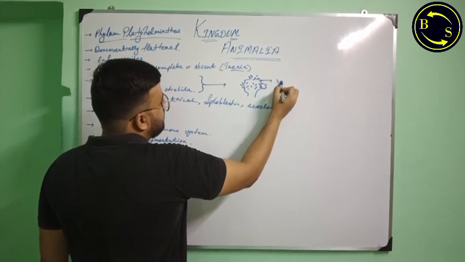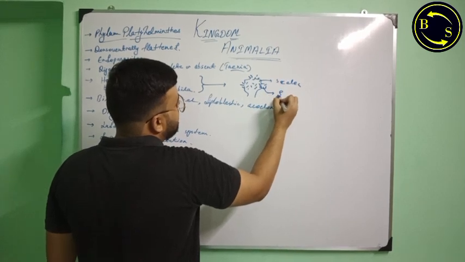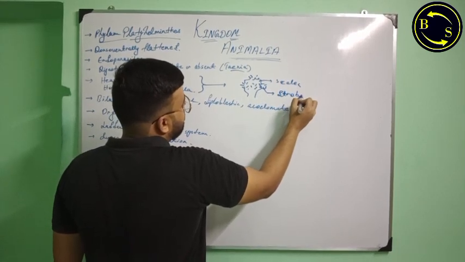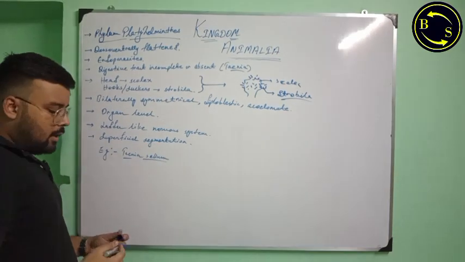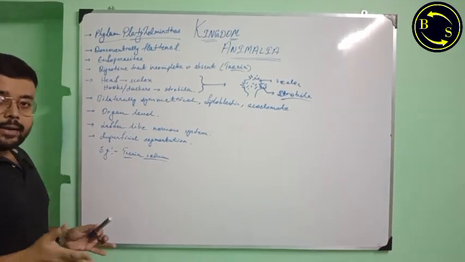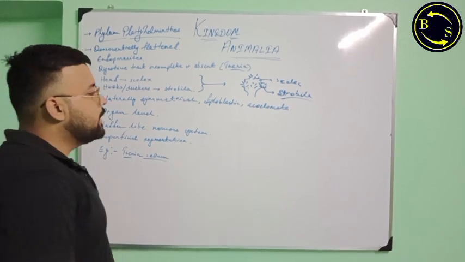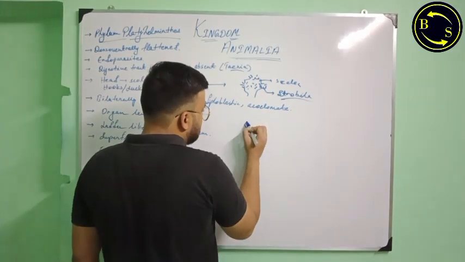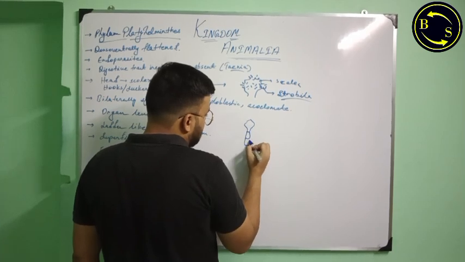This is the scolex, and the body behind it is called the strobila. They are also known as suckers. They are bilaterally symmetrical, triploblastic and acoelomate. Generally, a flatworm looks like this. This is roughly the head, and their body is like this.